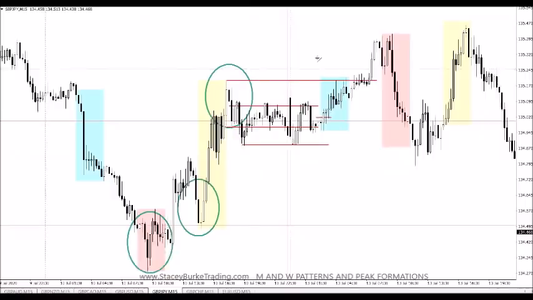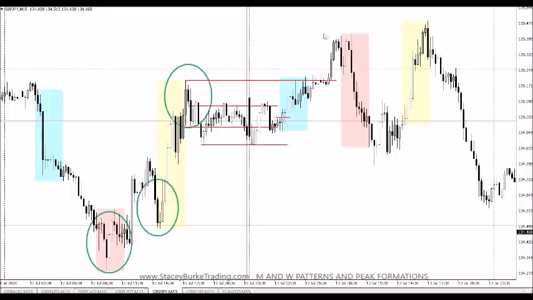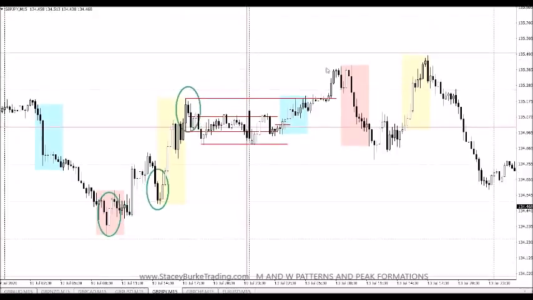Think about this: traders short this on the initial engulfment bear pin hammer, but we're in an uptrend. Somebody mentioned to me a few weeks ago that it's contradictory, that you'll sell it one time and not the other. We're looking for a second leg. That's what gives us our peak formation. But more importantly, it's the timings of when this happens.